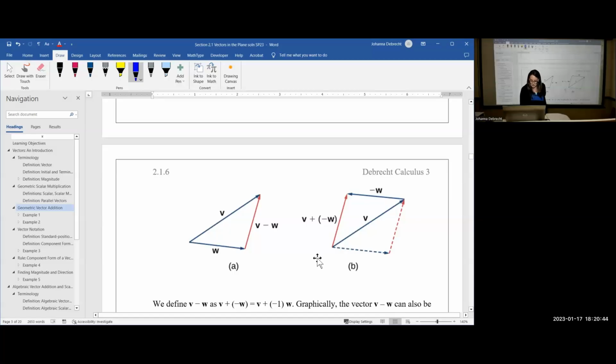So for example, if I was looking at something like this, and I had my negative W, my negative W, of course, is going to point in the other direction, right? So it would point like this, okay? So everybody see that? This is parallel to W, same length, but in the opposite direction. W is pointing pretty much to the right, a little bit down.